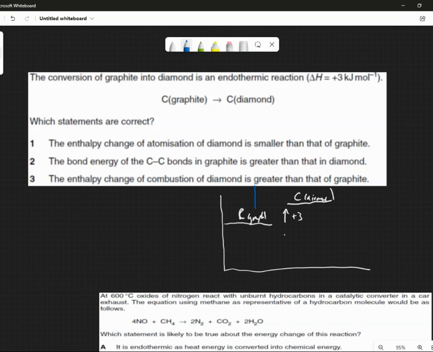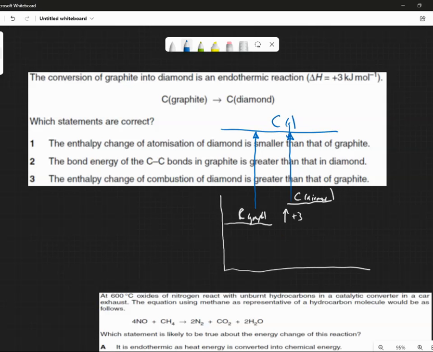To atomize graphite, I'm going to get carbon gas. If I atomize diamond, I'll get carbon gas as well. But can you see that if I atomize graphite, it's going to cost me 3 more than atomizing 1 mole of diamond? Does that make sense, Moses, now?